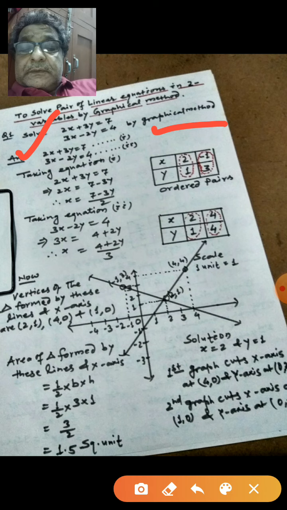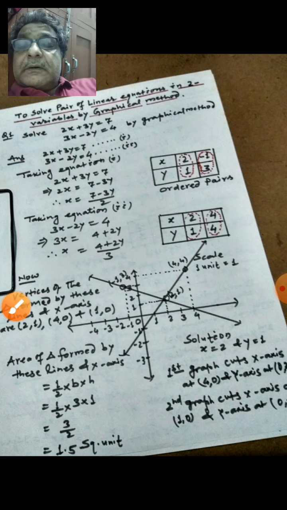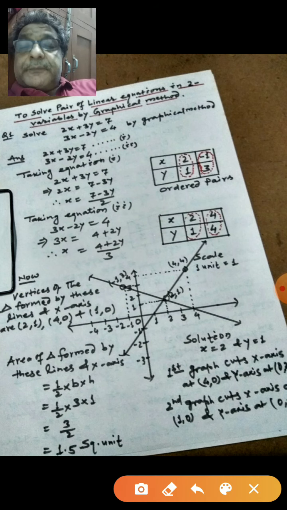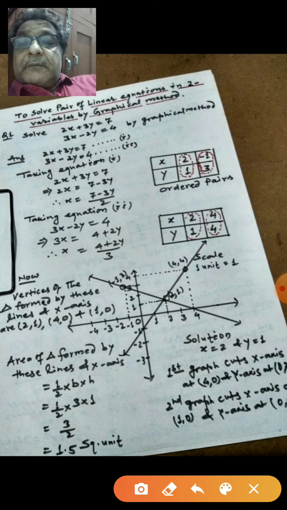Okay students, now we will take these two equations and name them equation 1 and 2.